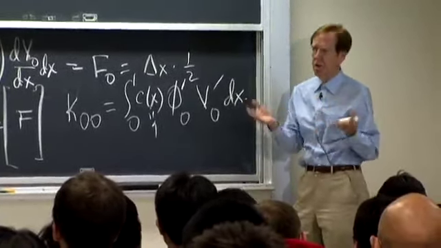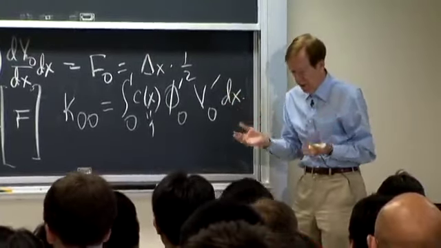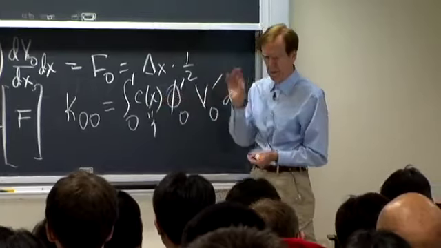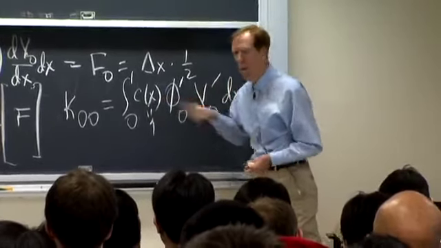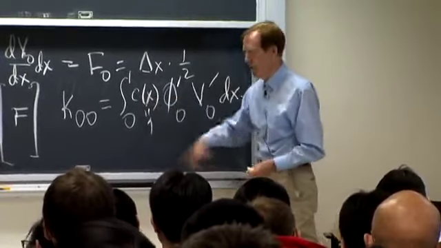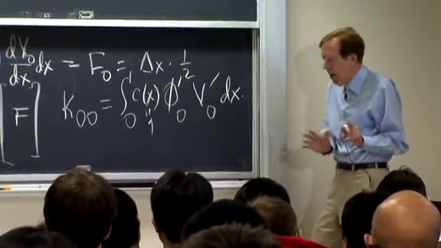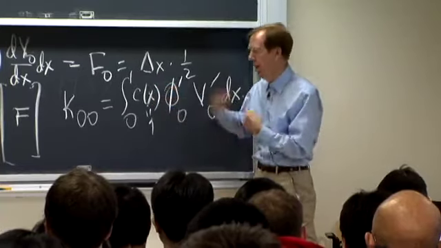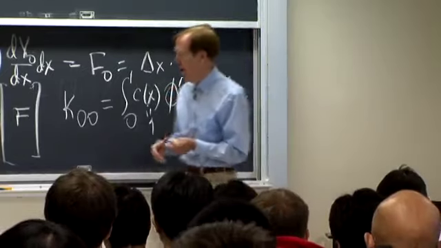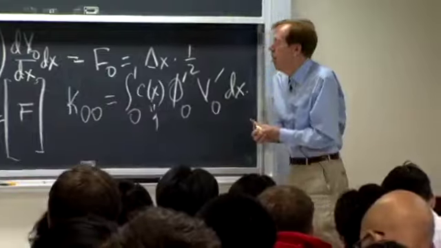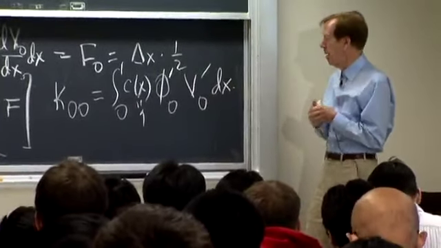We just have to be sure that we do the integrals with sufficient accuracy so that we don't lose accuracy in the integrals. With a 1, we're going to do the integral exactly. But if C of x was some variable function, I wouldn't have to do it exactly. I would just have to do it with enough accuracy so that I don't lose extra accuracy beyond what I'm losing in the whole Galerkin approximation.